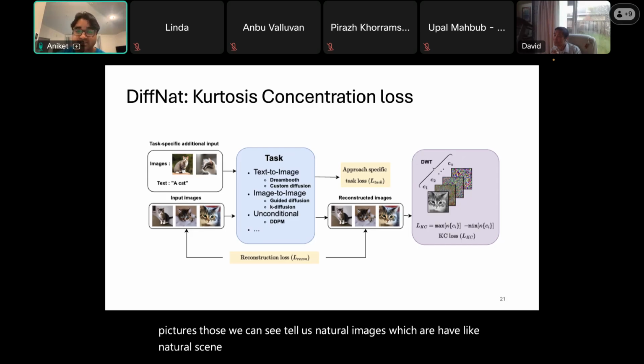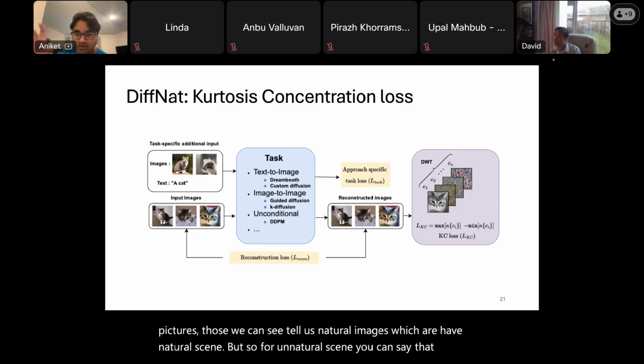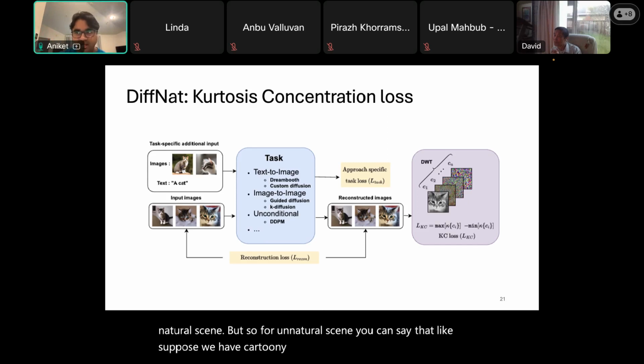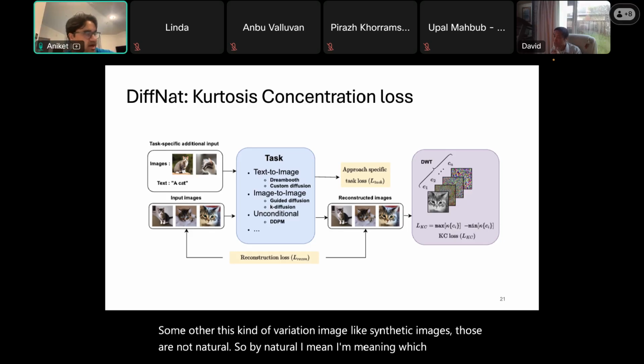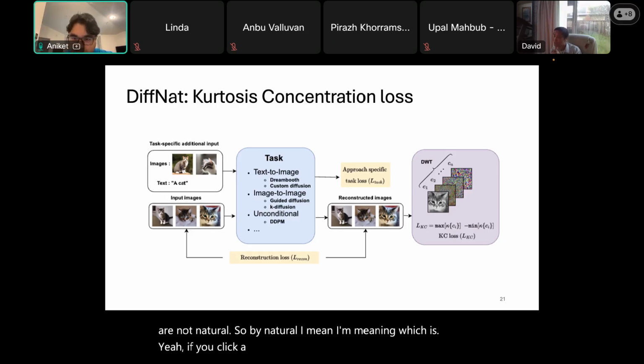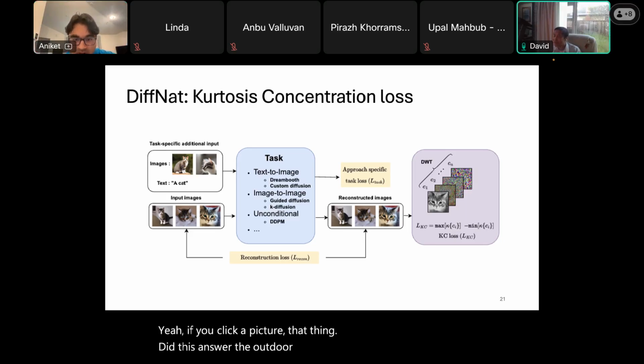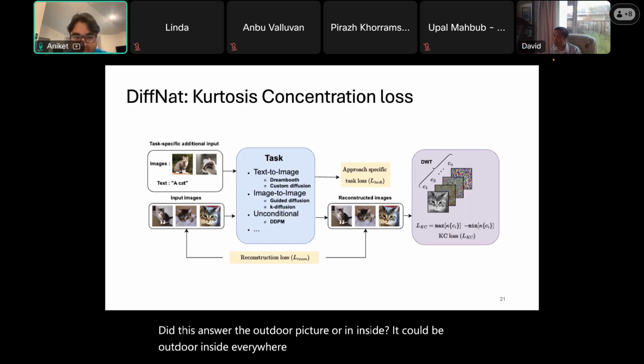For an unnatural scene, suppose we have a cartoonish image or some other kind of variation, like synthetic images, those are not natural. By natural, I mean if you click a picture. It could be outdoor, indoor, everywhere, anything. For example, this cat and everything, these are indoor objects or indoor animals, and it could also be outdoor stuff.